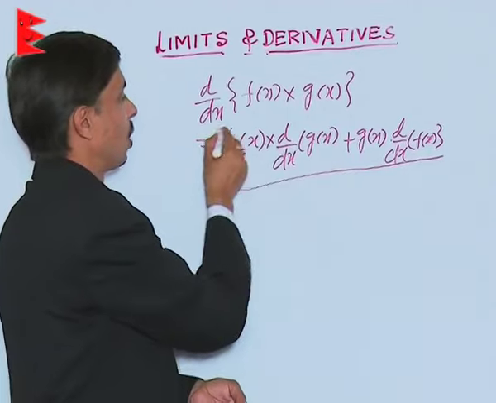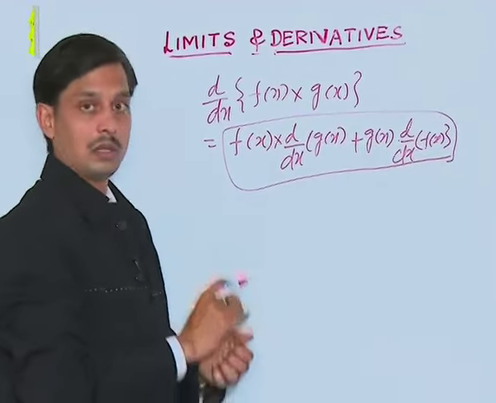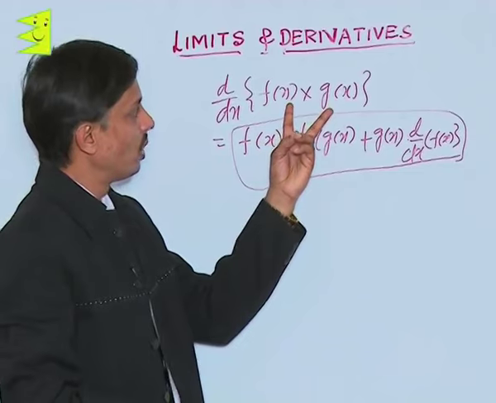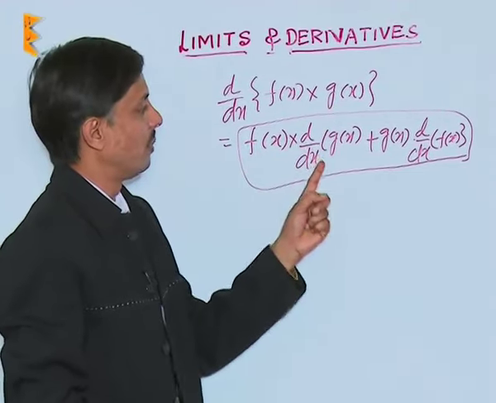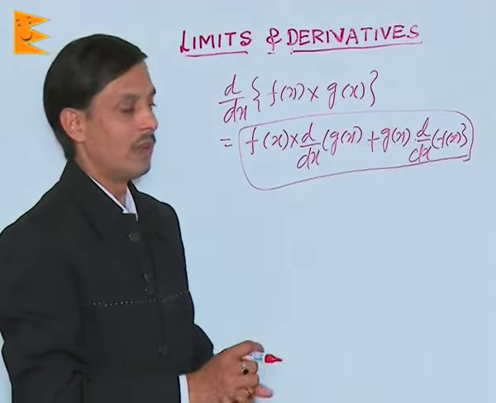This is the formula for finding the derivative of two different, that is unlike, functions: first into derivative of second plus second into derivative of first.